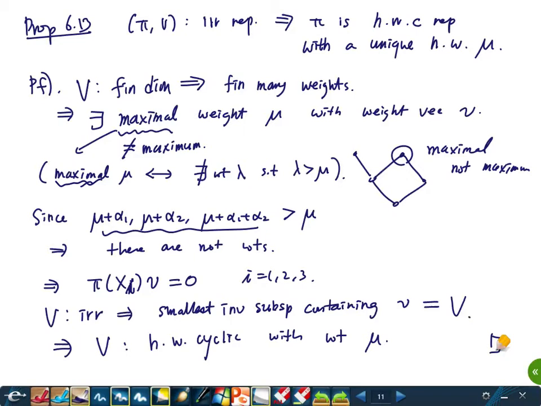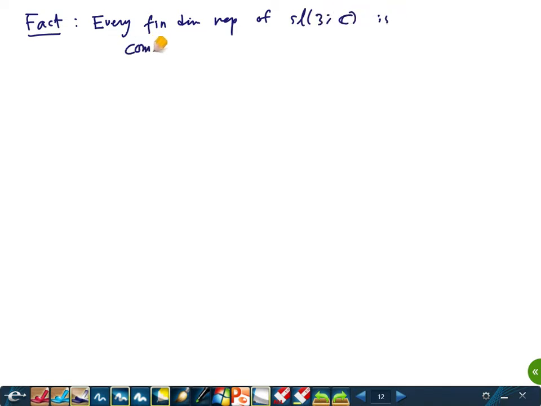Okay, let's do one or two more propositions. But first we will accept this fact. Every finite dimensional representation of SL3 is completely reducible.